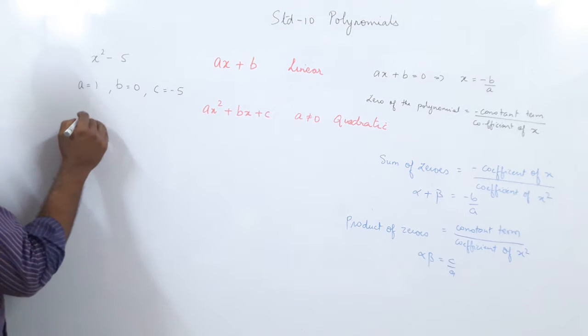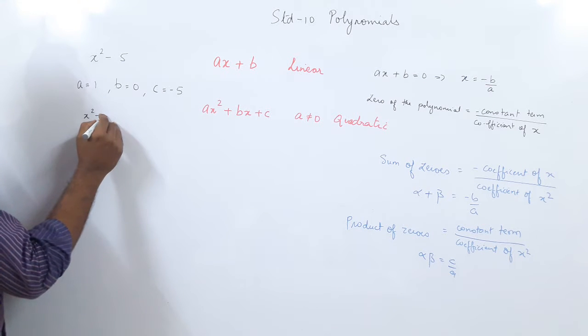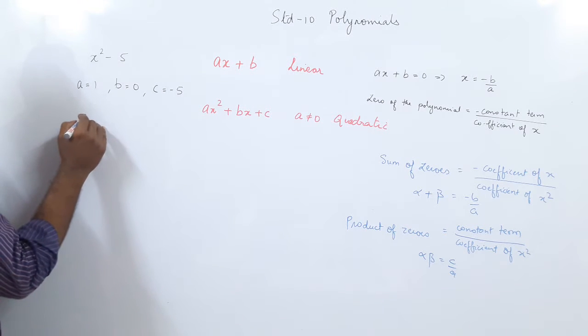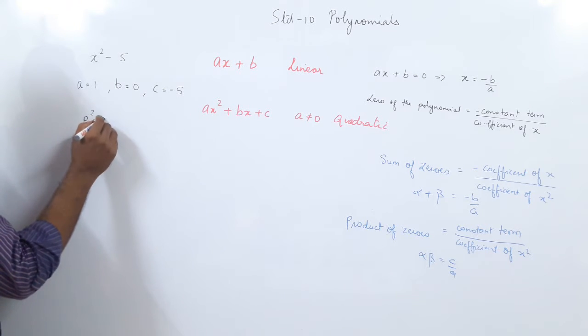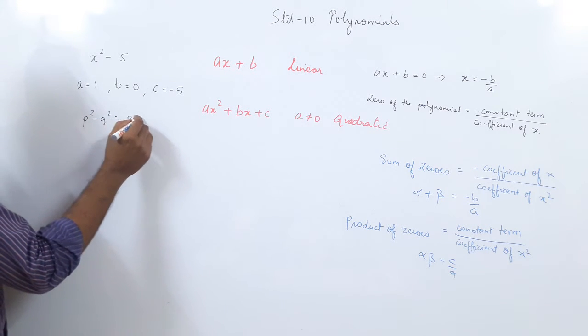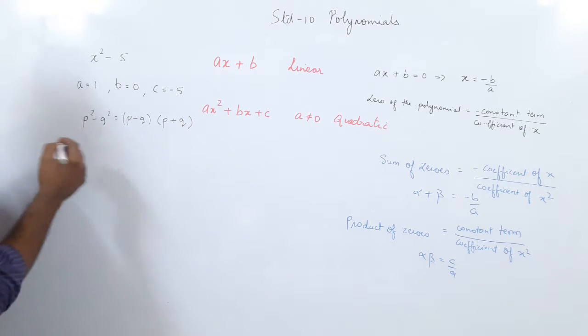How do we solve this? We know p square minus q square equals p minus q into p plus q. We did this in the 9th.